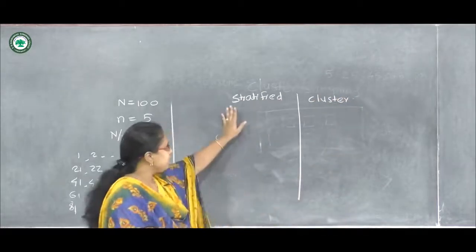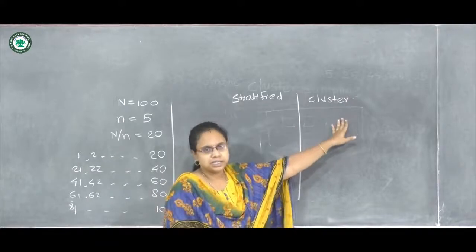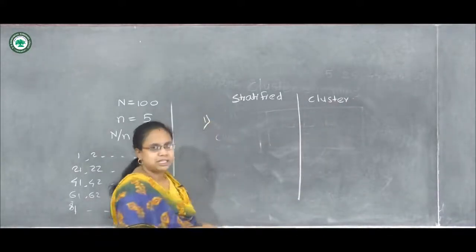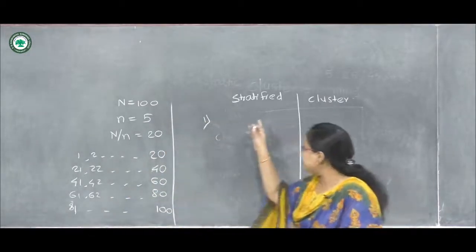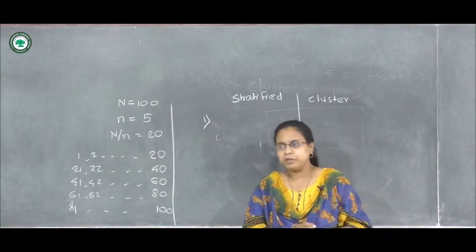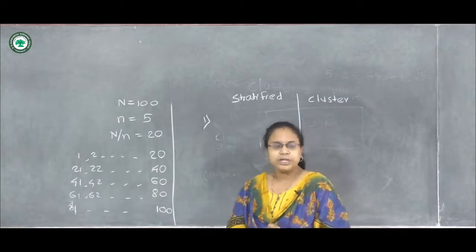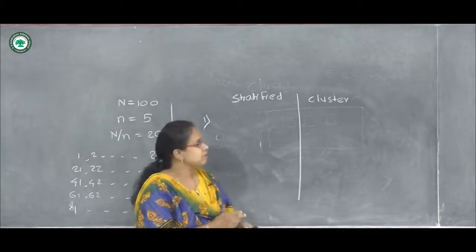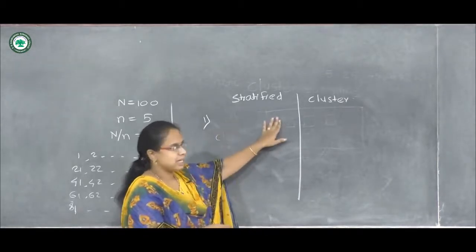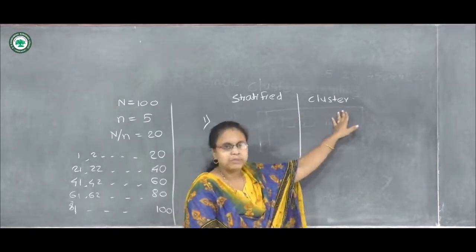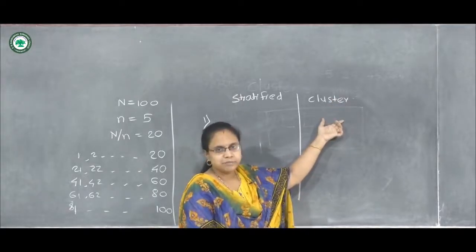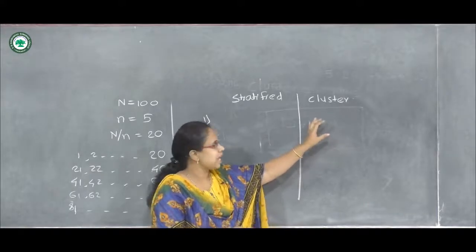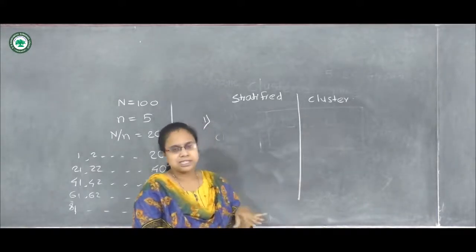Here is stratified sampling and here is cluster sampling. The first difference is in the method itself: in stratified sampling we select some number of samples from each stratum. In cluster sampling, if a cluster is selected, then we do not take a sample from it, we take that cluster as it is as our sample.